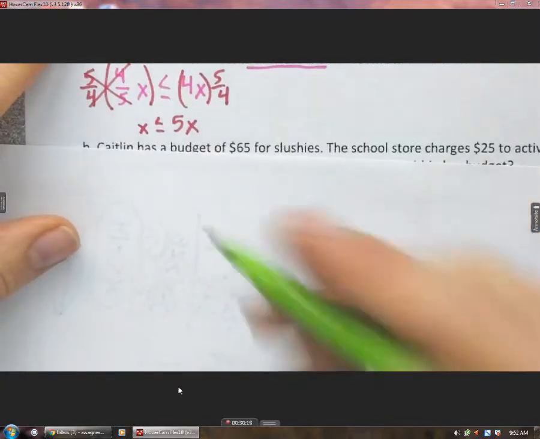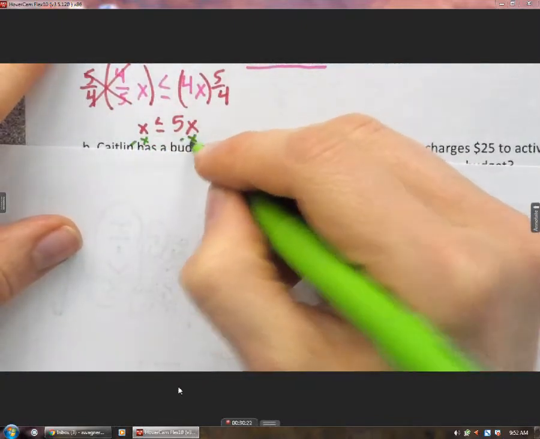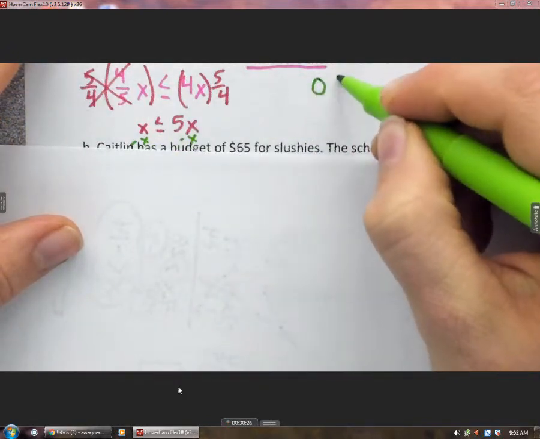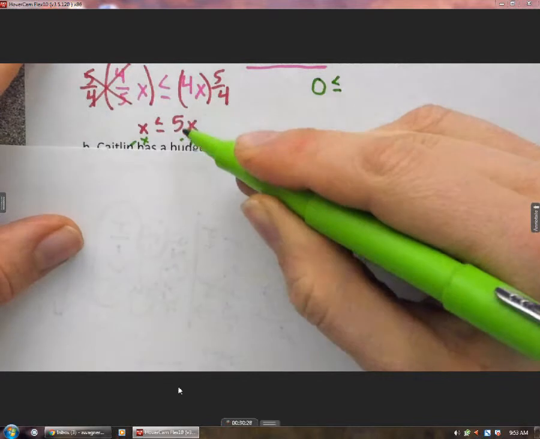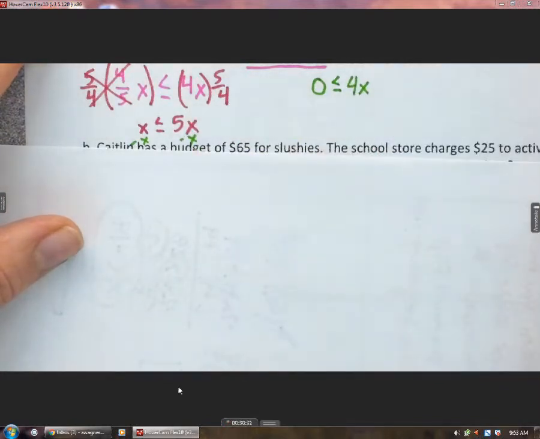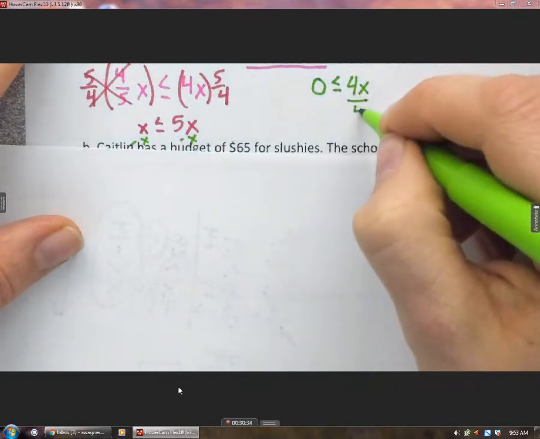How do I get the x's on the same side? Minus x. What's x minus x? 0 is less than or equal to 5 minus 1 is 4x. How do I get x by itself? Divide by 4.